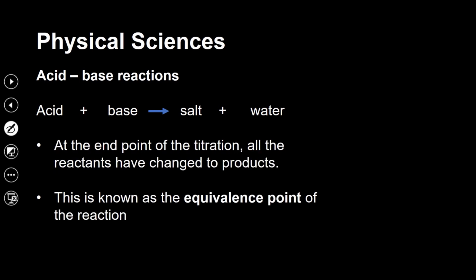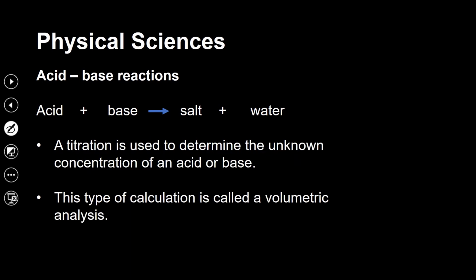At the end point, what exactly happens? All the reactants have changed into products. And when all the reactants have changed into products, we've reached what we think of as completion of a reaction. This is also described as the equivalence point or the point of equivalence. So these are some of the important aspects of a typical acid-base reaction that we need to be mindful of.